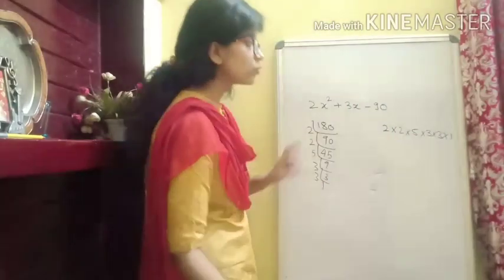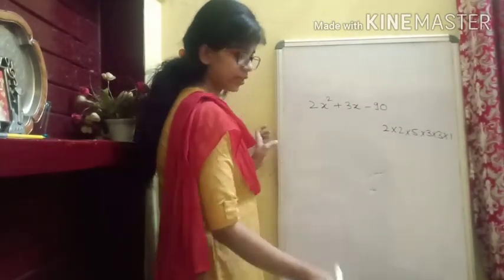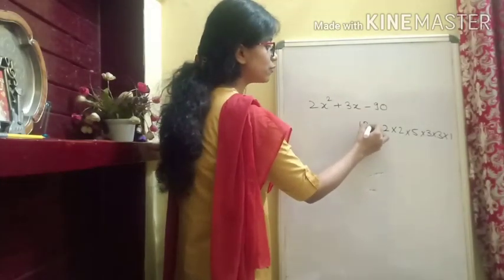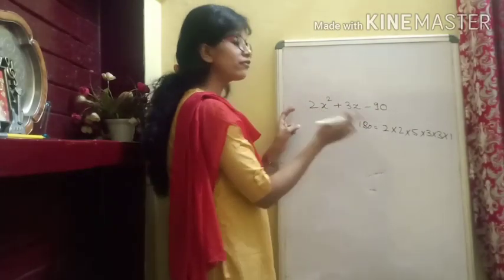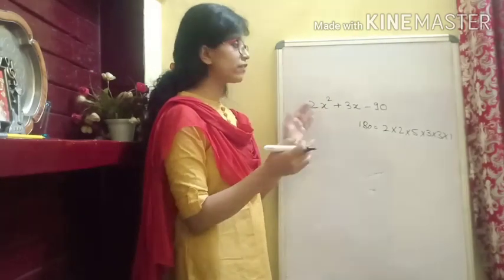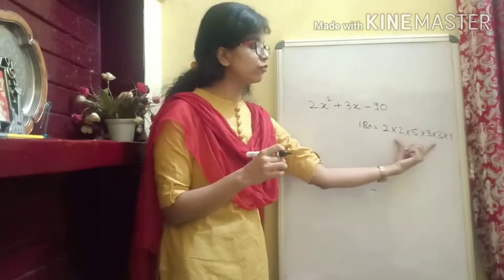Okay, always we take 1 as a factor. Now here, we have written the prime factorization of which number? 180. Why? Because we take the constant term and the coefficient of x square and multiply. 90 into this 2 will give you 180, and then we have written the prime factorization of 180.